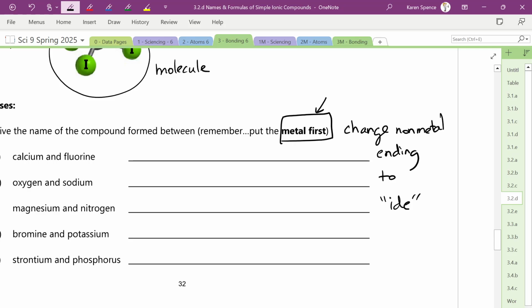So your homework, page 32, number 1, you can probably finish it right now, unless you've already put your books away, which was a foolish thing to do.